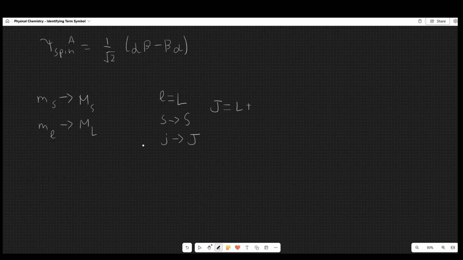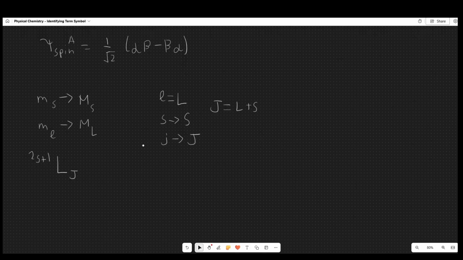We'll say that it's L plus S, but it's the vector sum. The way we denote term symbols is 2S plus 1, then the letter for L, with the subscript of J.